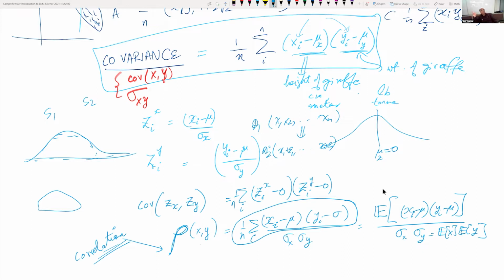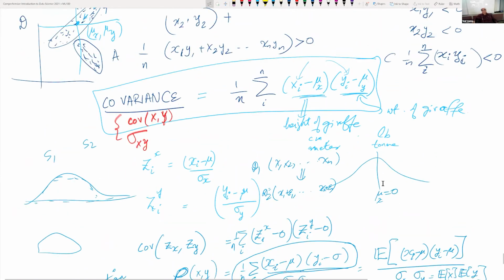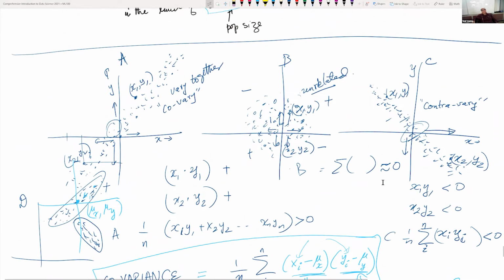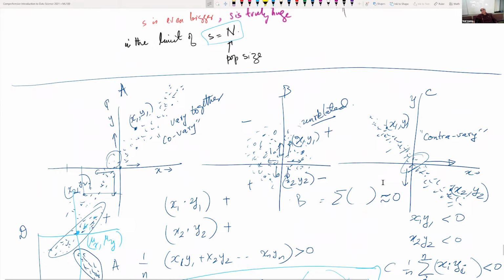But before that, I will ask you another question. Suppose 2 variables, X and Y, show 0 correlation. Do you therefore conclude that there is no relationship between them? Like look at A, B, C. You see that in B, the X and Y are completely unrelated.